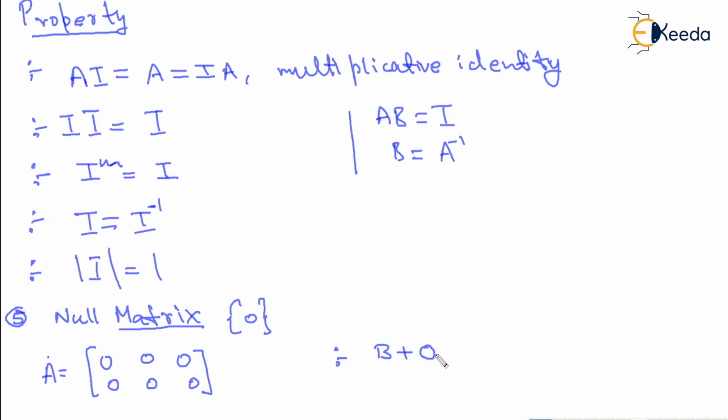So B plus 0 will simply give B. So it is also given as additive identity, right? Because adding a null matrix to the matrix is giving the matrix itself, right?